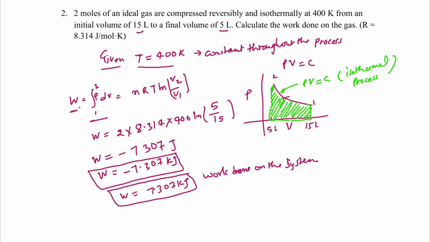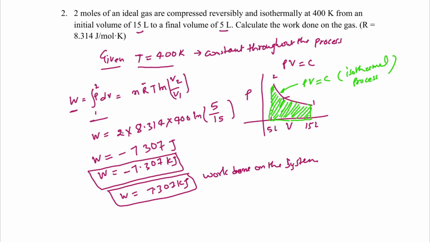So boundary work W equals the integral of P dV from state 1 to state 2. But this is an isothermal process, so when we integrate it, we get nRT ln(V2/V1). Here R is the universal gas constant.